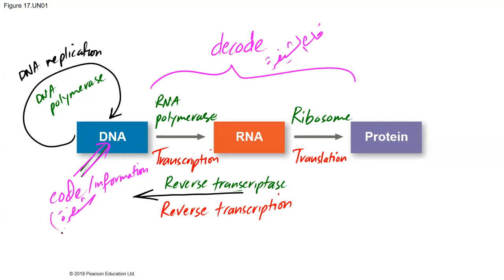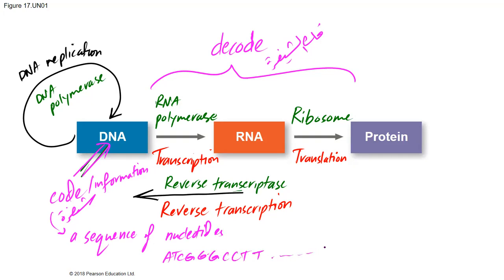So it's not like a hidden code. It's a specific sequence of nucleotides. And like A, T, C, G, G, G, C, T, C, T, T, blah, blah, blah, blah. This is just a code, okay?